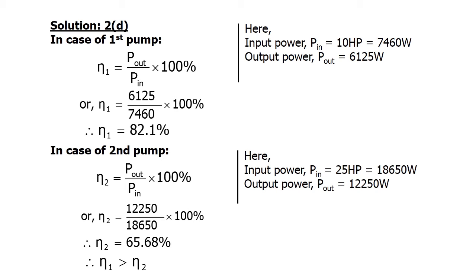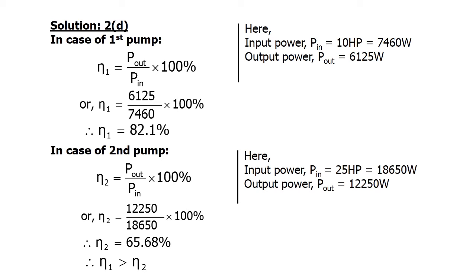Then we'll get the input power for the first pump as 7460 watt, and the output power for the first pump is already calculated in question C, which is 6125 watt. So here is the formula of efficiency eta 1 for the first pump: eta 1 equals P out divided by P in into 100%. Putting the values, we will get the efficiency of the first pump as 82.1%.